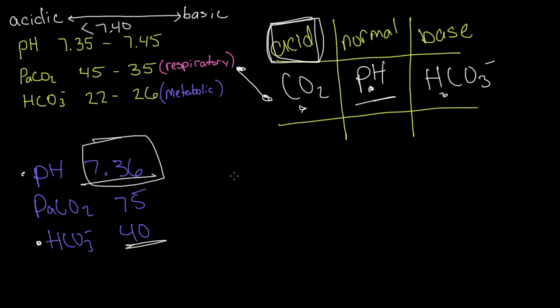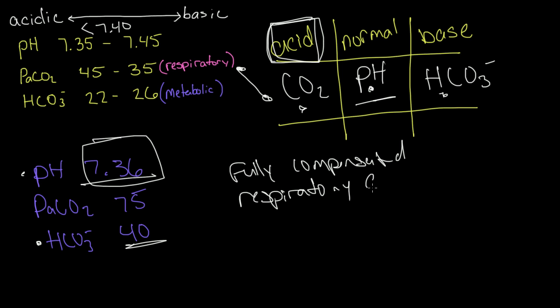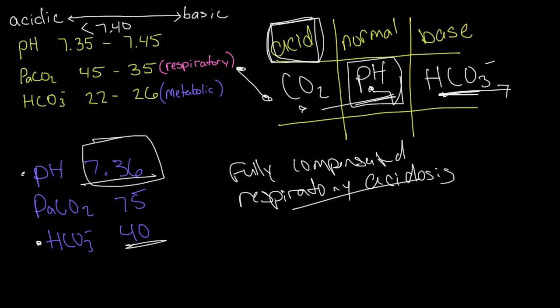So this means we are in fully compensated respiratory acidosis. So our primary condition is respiratory acidosis, but the opposite system, the metabolic system, is able to compensate enough to pull the pH back in the normal range again.